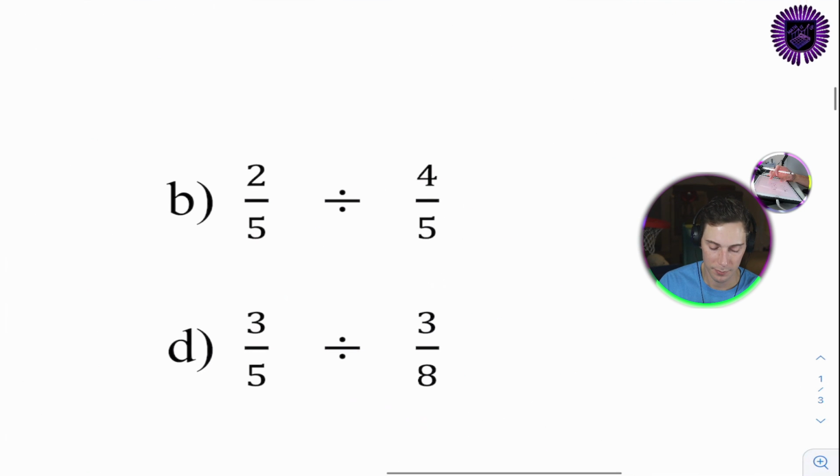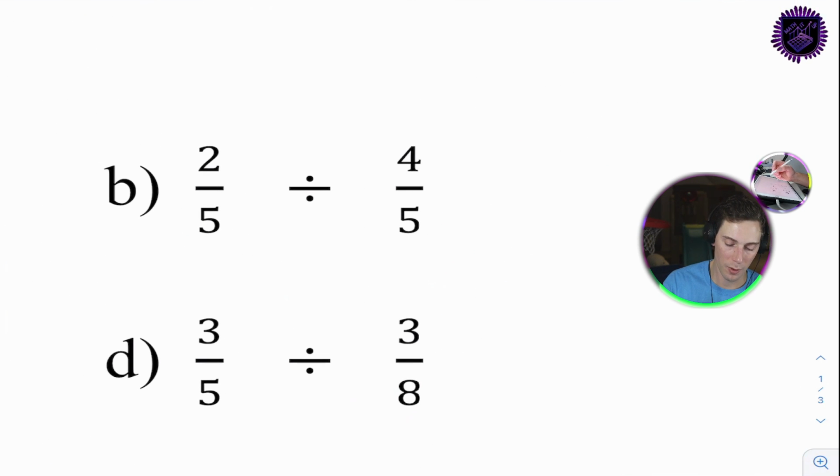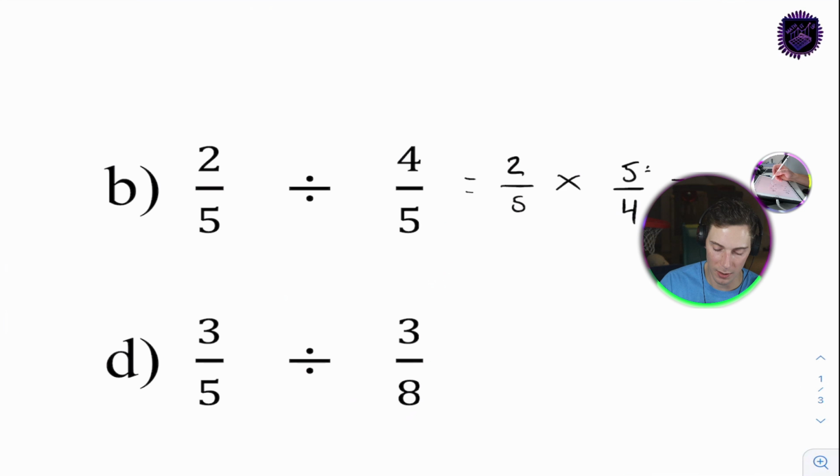B. 4B. Let's write our new statement. Keep our 2/5. Change to multiplication. Flip to 5/4. And simplify. So we can divide this by 5 to make 1.